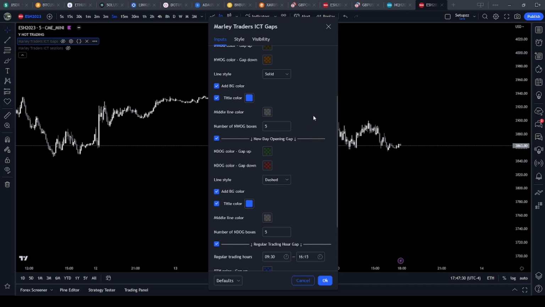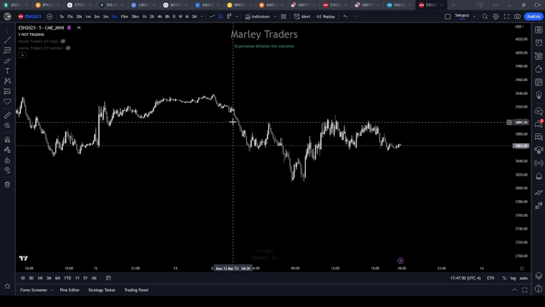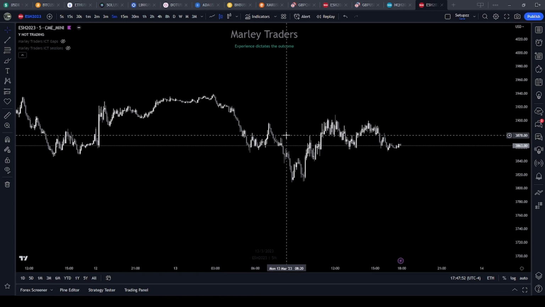This is used to plot the lines ICT talked about. This indicator automatically plots the new week opening gap on your chart. It marks out the Friday's closing price and Sunday's opening price, as well as the new day opening gap, which is 5 p.m. closing and 6 p.m. opening price.